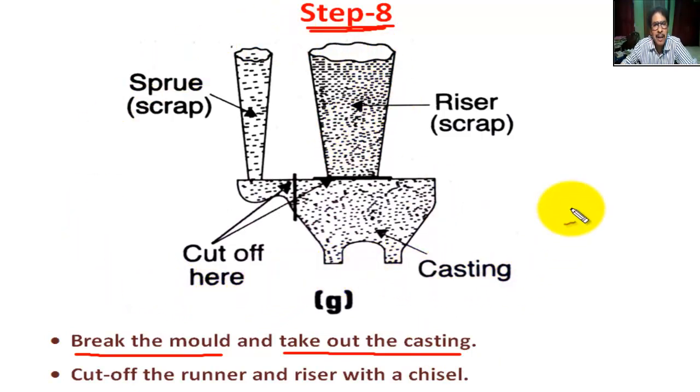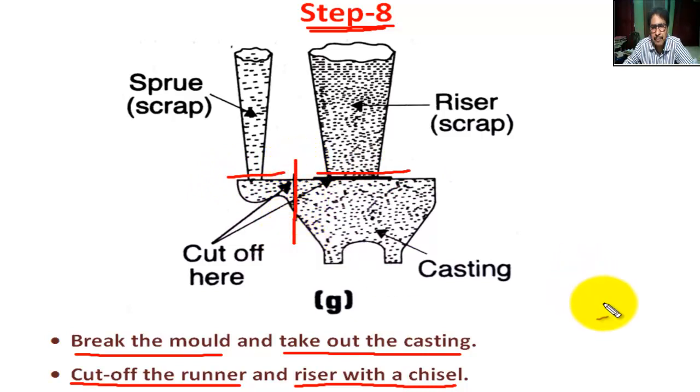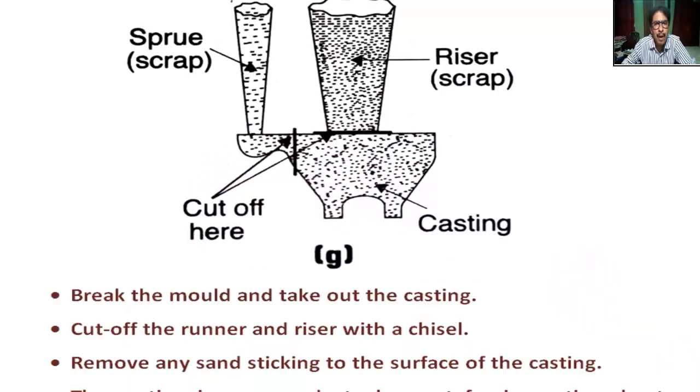After taking out the casting, this is the figure of the casting. Now cut off the runner and riser with a chisel. Cut this portion and this portion and this portion.